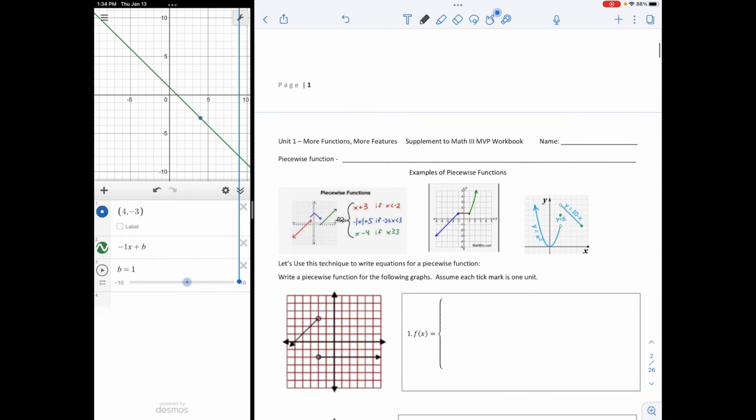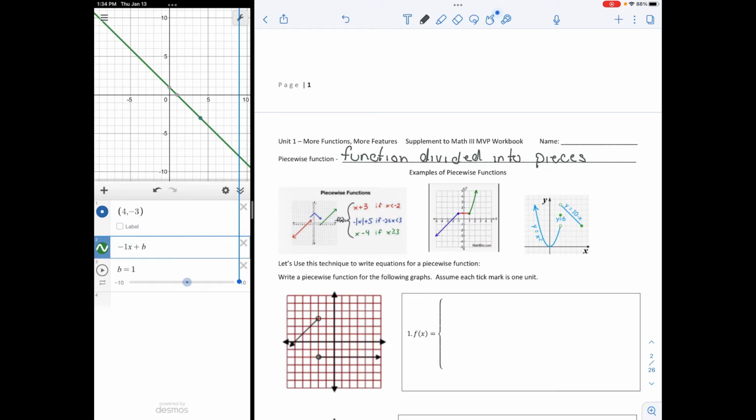So a piecewise function, in your notes, what you want to write is: a piecewise function is a function divided into pieces. See how easy Math 3 is going to be? It's a piecewise function.